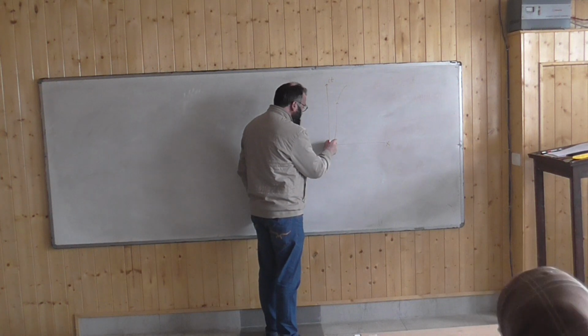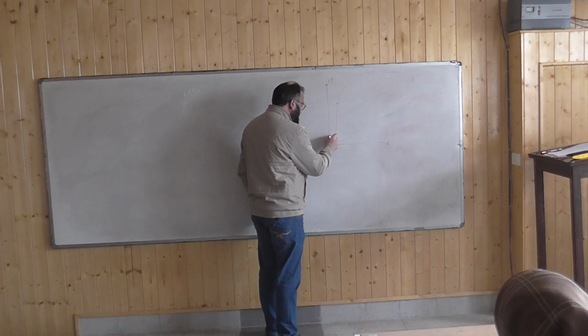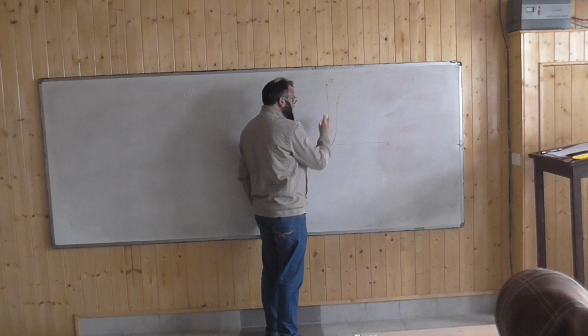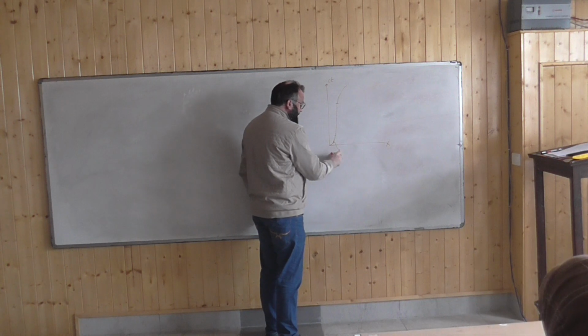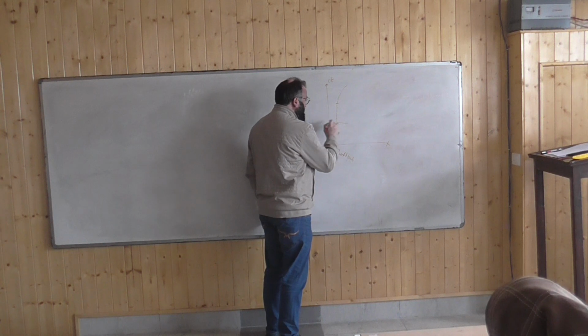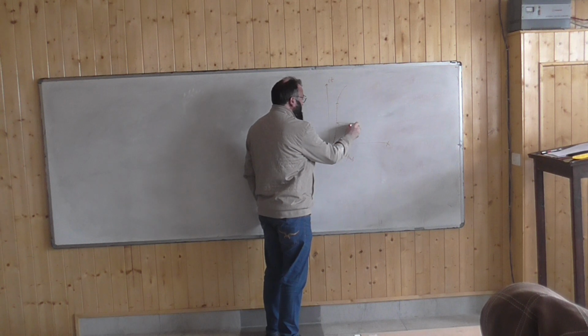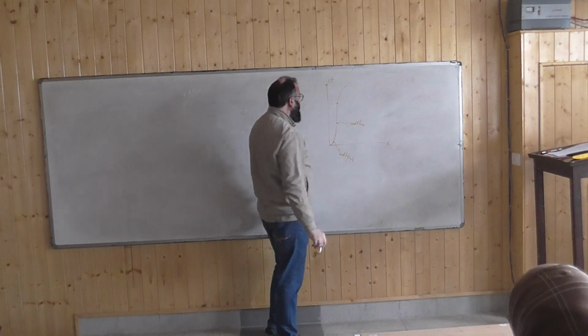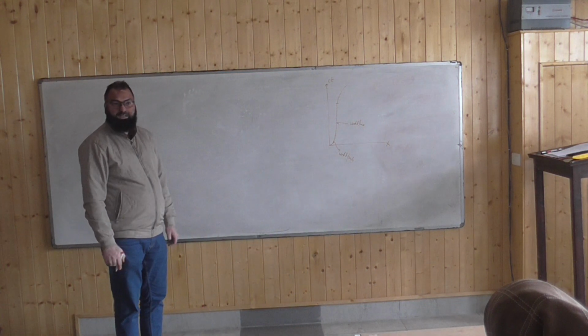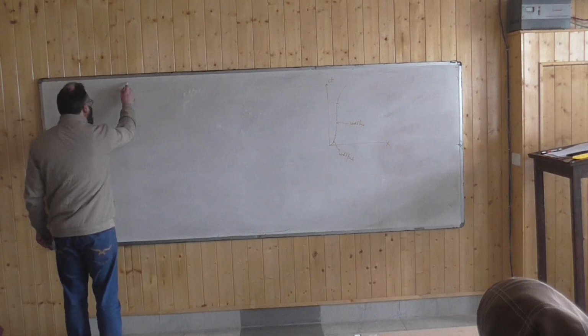Since there are an infinite number of events, you can draw all the events. We call these points world points, and this trajectory we call the world line. Got it?